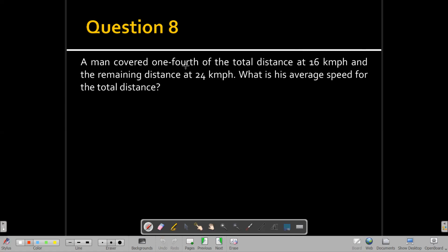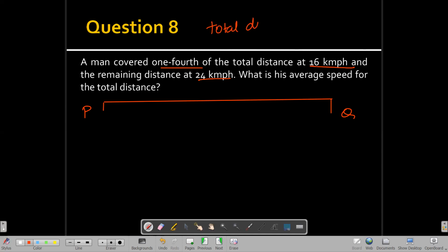You can see that a man covered 1/4 of the total distance at 16 kilometers per hour and the remaining distance at 24 kilometers per hour. So for avoiding fractions, the best possible way, when I am considering that 2 points are there, P and Q, let me consider the total distance to be 4x kilometers.